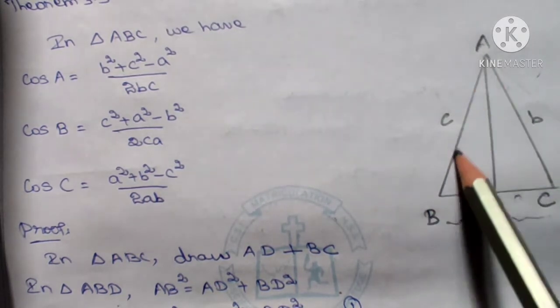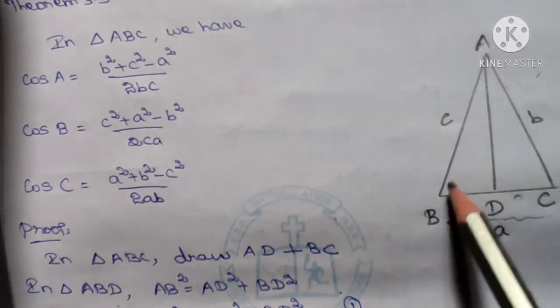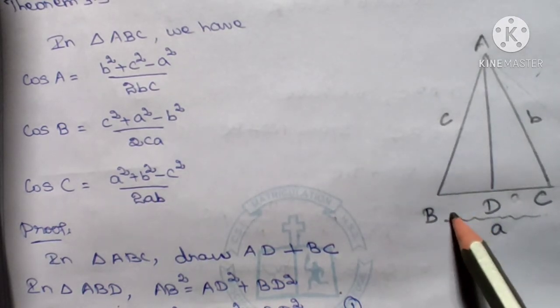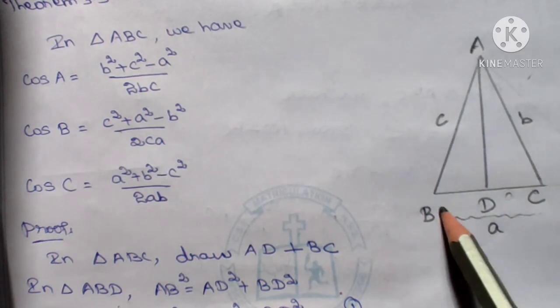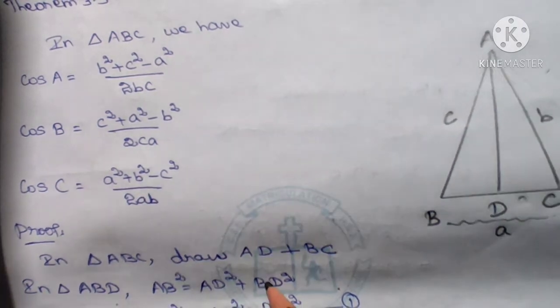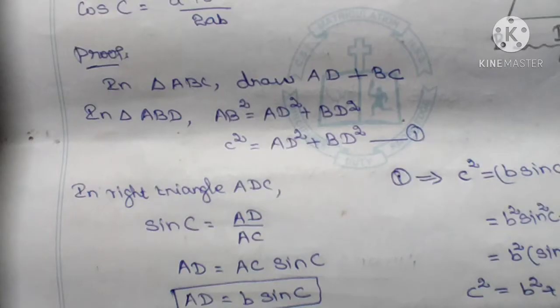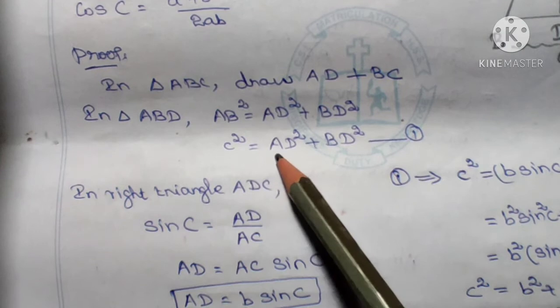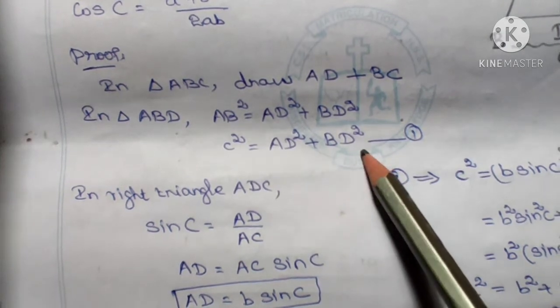So AB is the hypotenuse. AB² is equal to the sum of the squares of the other two sides, AD² + BD². So we get this line: AB² = AD² + BD². Already you took AB as c. So c² = AD² + BD².